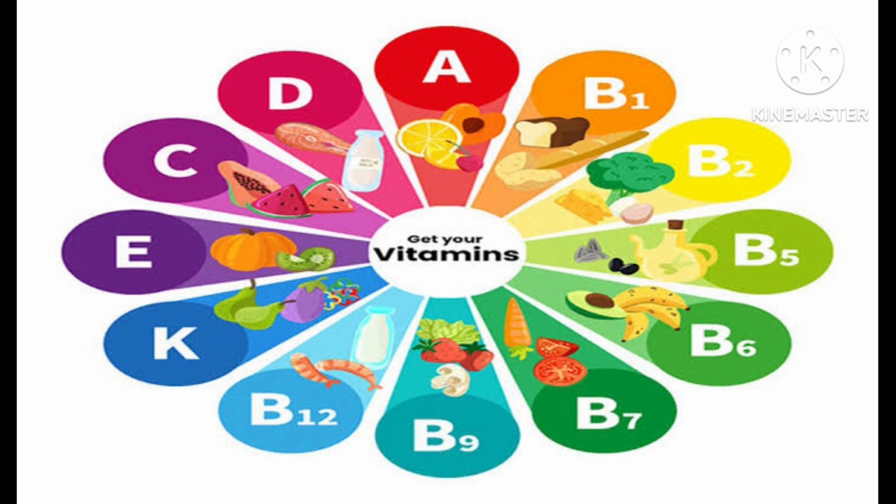Its source is fish liver oil, carrots, butter and milk. If vitamin A is deficient in your body, then which disease will happen? That is xerophthalmia.